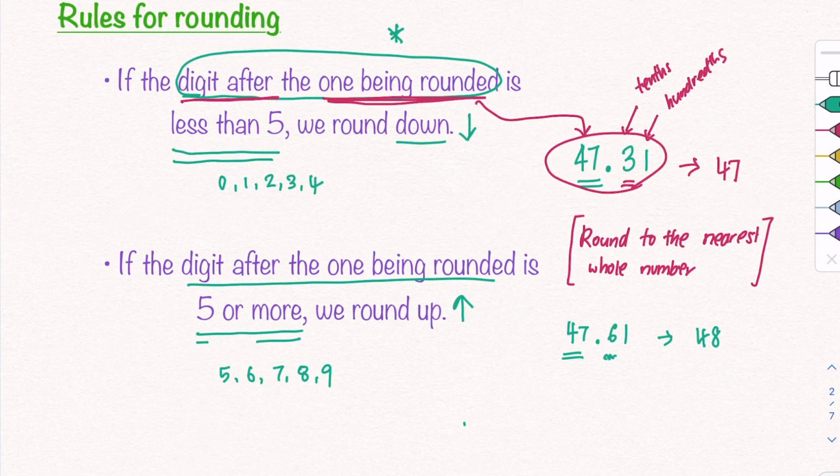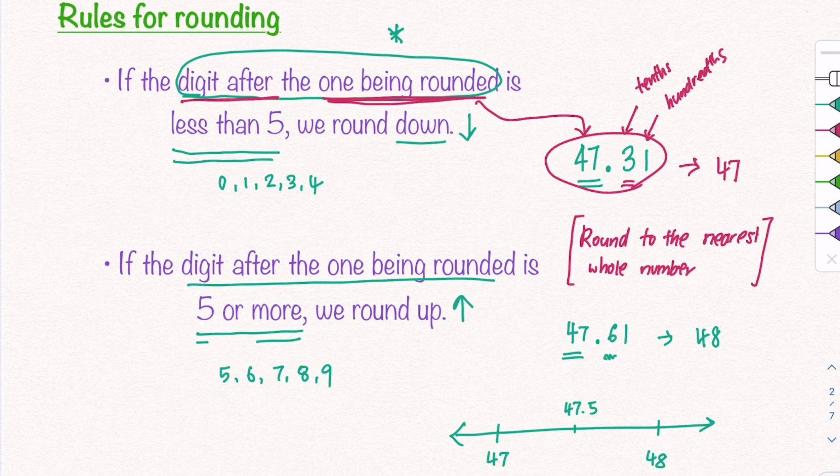Now let's use a number line to see what it looks like. So I have 47 and I have 48. In the middle of 47 and 48, it would be 47.5.